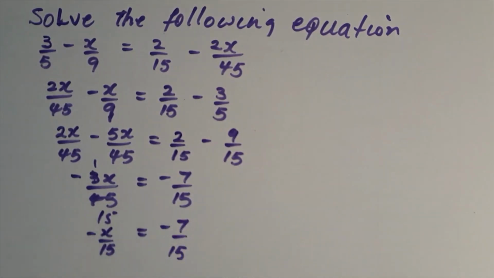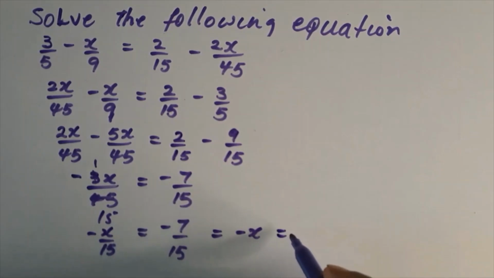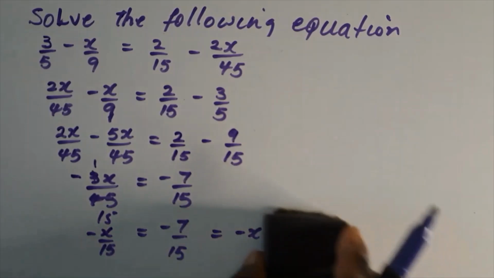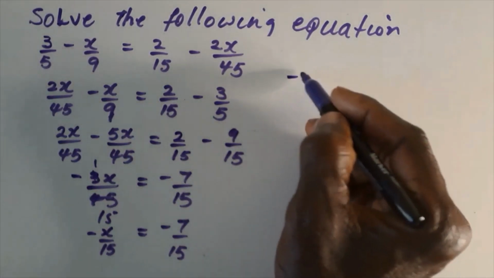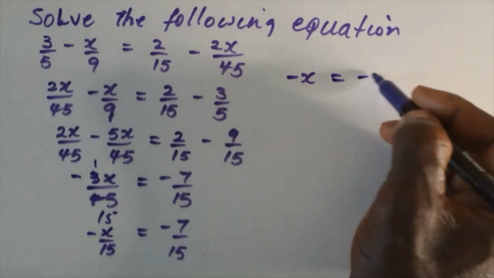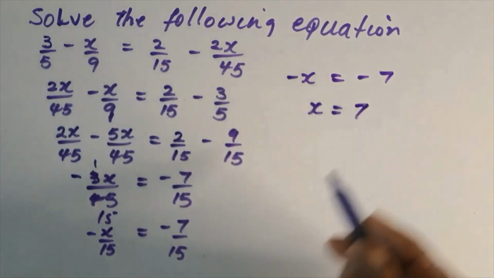But both have the same denominator, so we can write here that it's minus x is equal to minus 7. That means x is equal to 7.